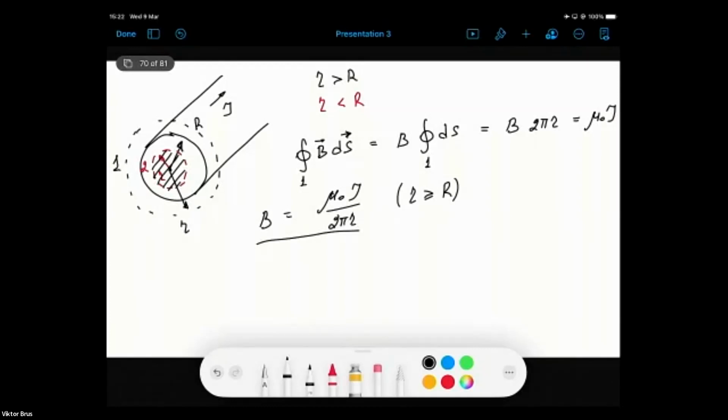However, the second one is smaller than the cross section of the conductor. And that means that only a fraction of this current I will actually flow through the surface of the smaller closed path.